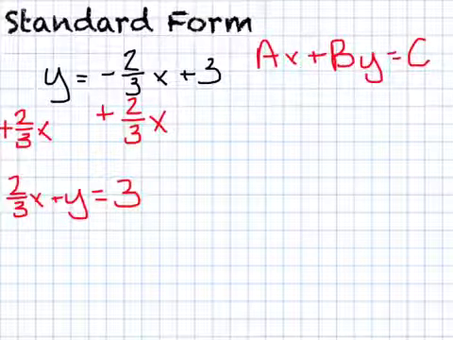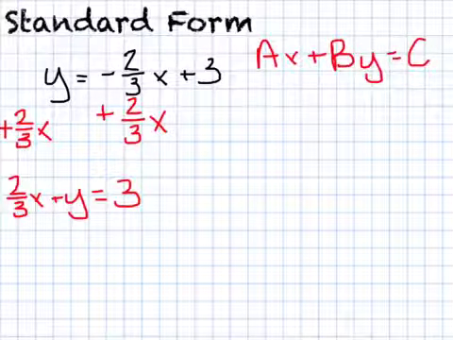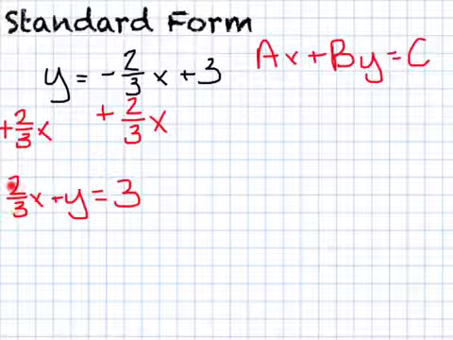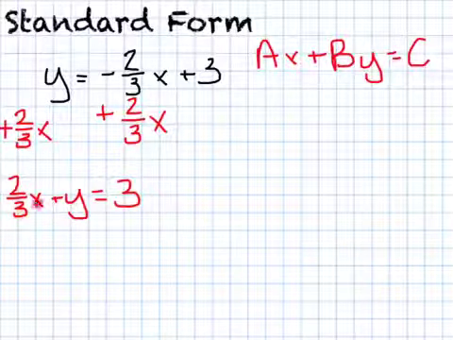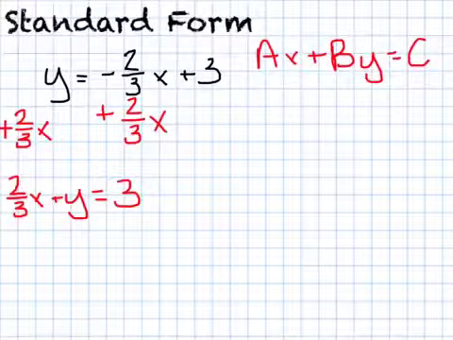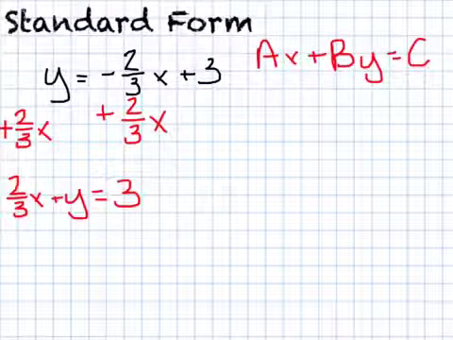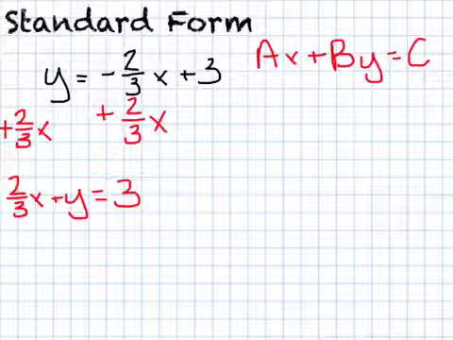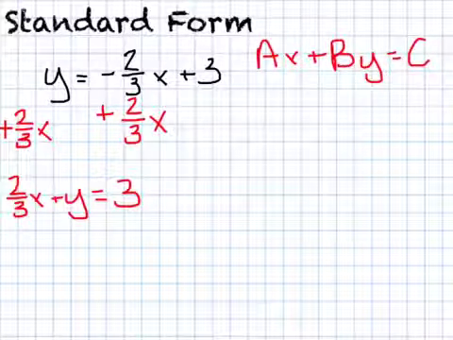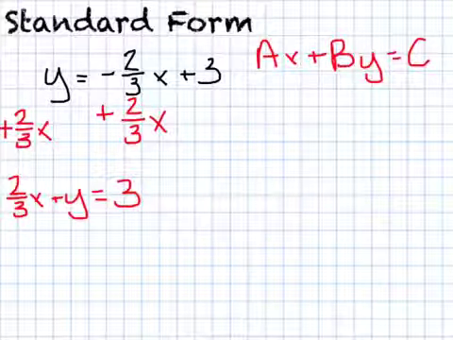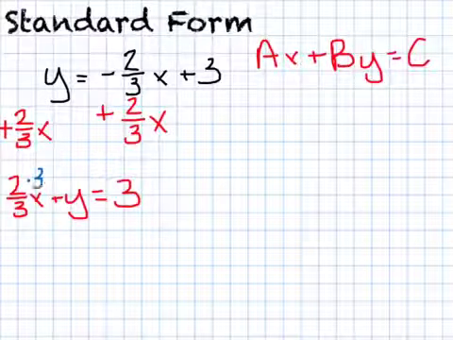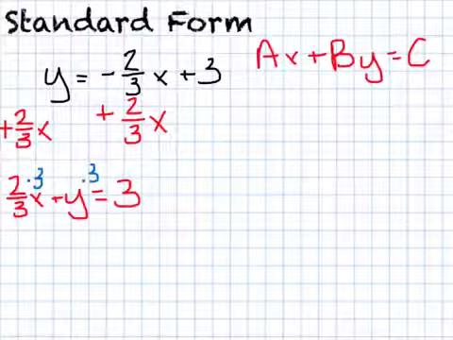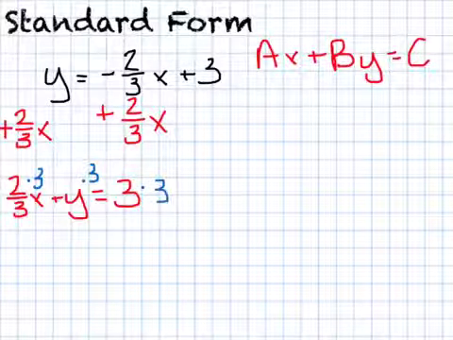In order to get rid of this 3 down on the bottom, remember that's like 2 divided by 3. So to undo division, I have to multiply. But when I'm multiplying, I have to multiply every single part by 3. So I'll multiply this part here by 3, this part here by 3, and this part at the end by 3.